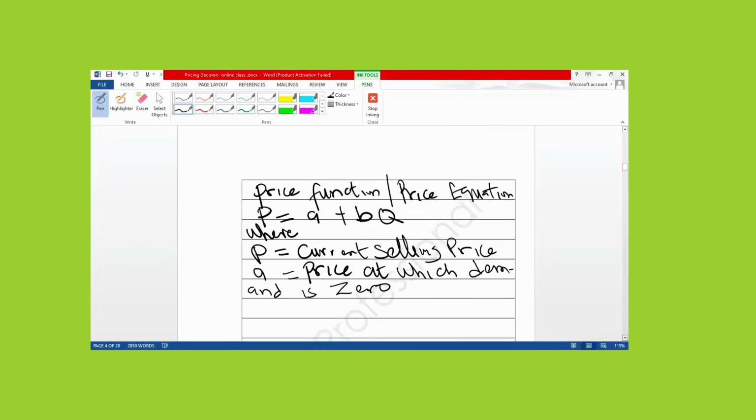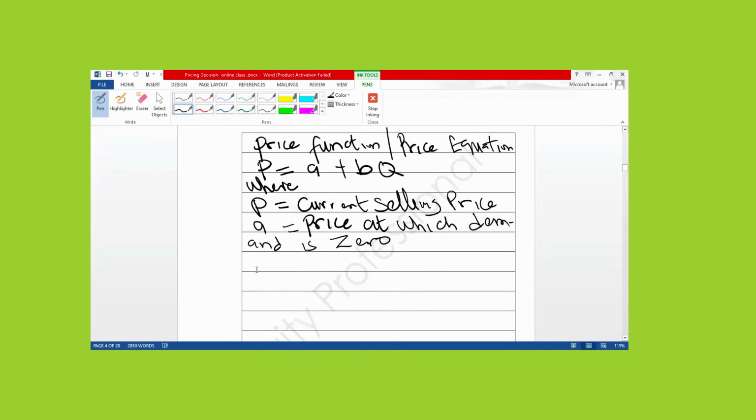Your B comes with a minus: change in price over change in quantity.